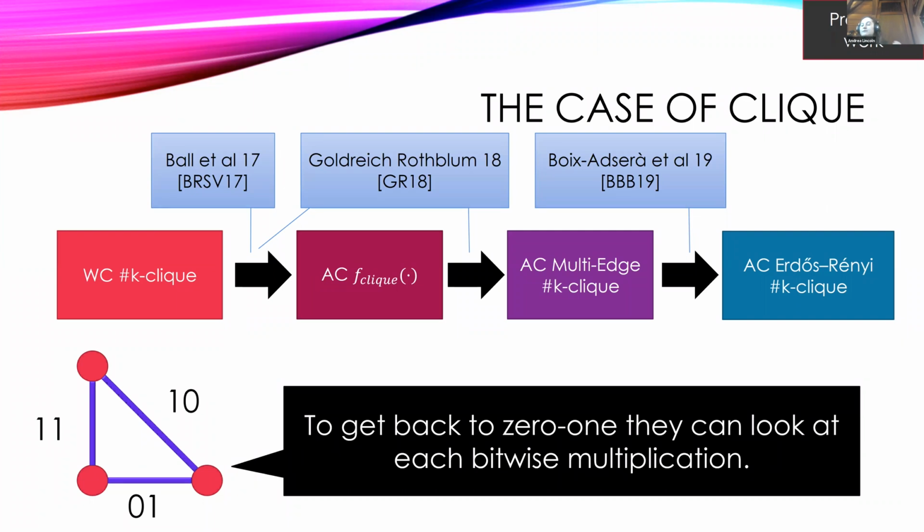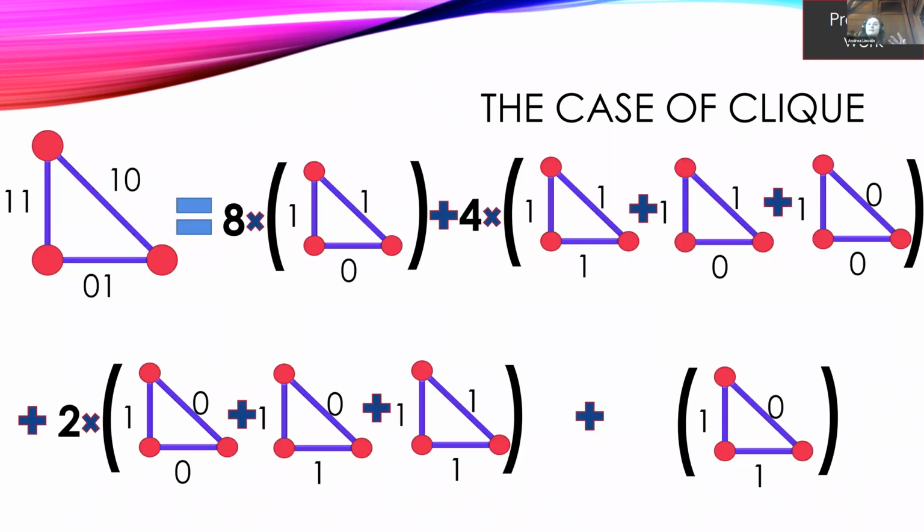To get back to the 0, 1 case, what they fundamentally do is they look at each bitwise multiplication. So notably, the problem of multiplying 3 times 2 times 1 is equivalent to the problem of multiplying all the higher order bits and weighting that by 8. And now we have 3 different problems of each choice of 2 higher order bits and 1 lower order bit multiplied by 4.